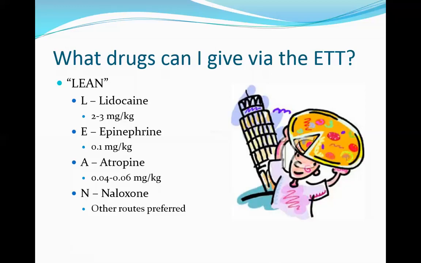For epinephrine, as we already talked about, the dose here is 0.1 milligrams per kilo. Atropine is 0.04 to 0.06 milligrams per kilo. And for naloxone, it does say other routes are preferred. They don't give a specific recommendation, but it is a drug you can give via the endotracheal tube.